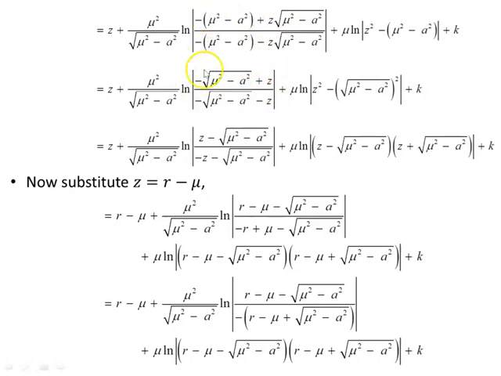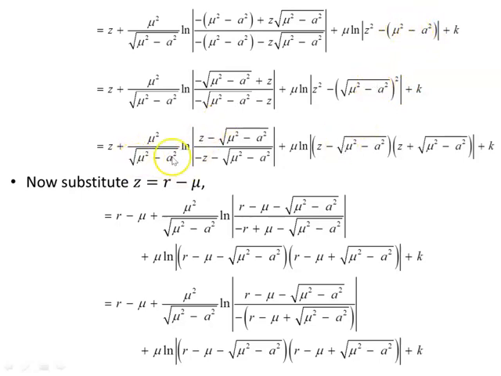Remember, this can be broken into 2 factors of square root mu squared minus a squared multiplied by each other. Okay, take that one out, take one out here, divide top and bottom, so they're gone, and we're left with just this. And on the right hand side here, we can write this as z squared minus the square root of mu squared minus a squared, all squared. And that still gives us this term here, so from here to here, just a different way of writing this.